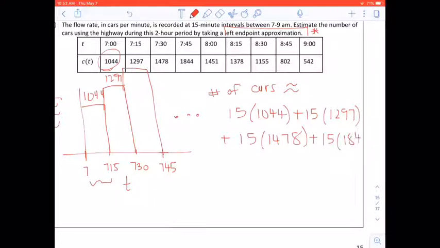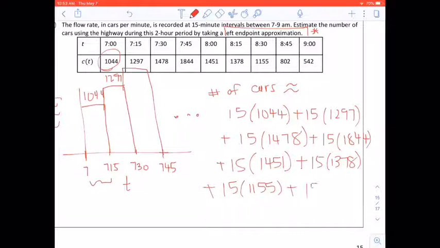And then the only thing we need to look at is that last interval, because we are using left endpoints. We're not using the right endpoint. So the last interval, that last height of that rectangle, is determined by the 802, not the 542.